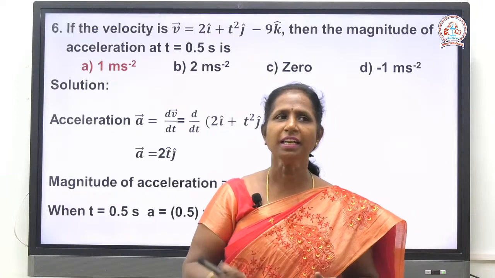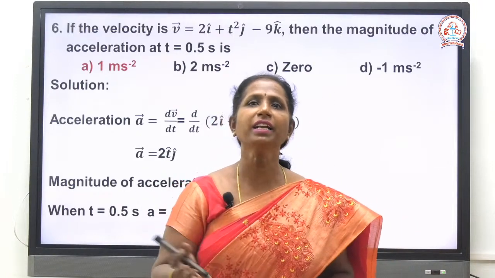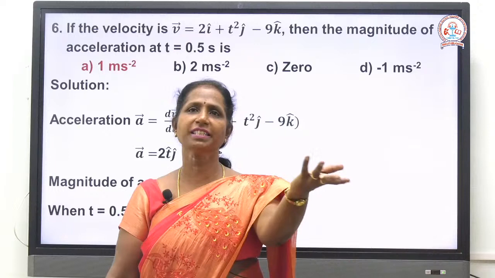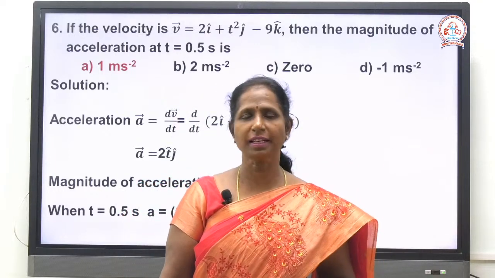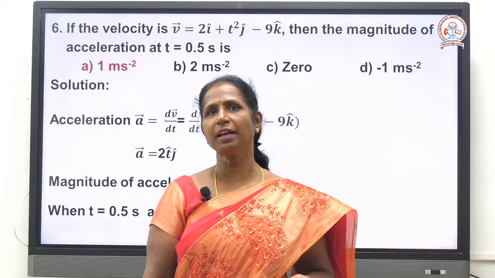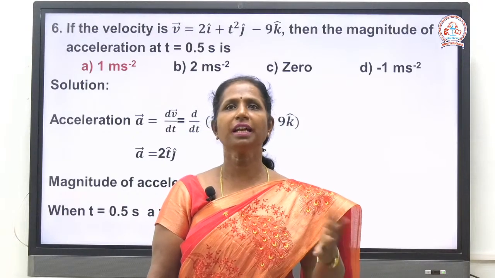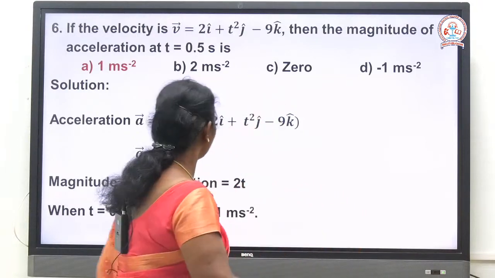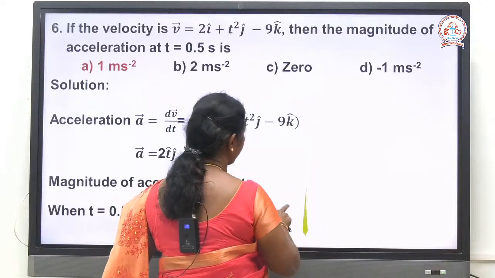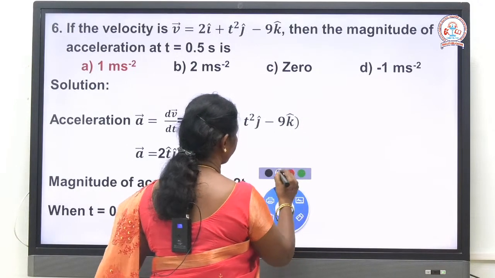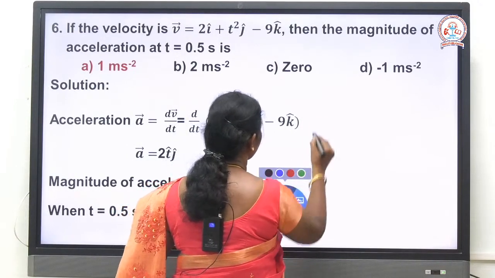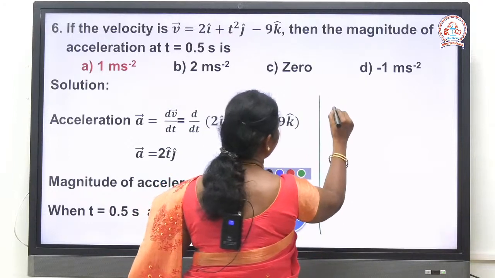Velocity is given, now we have to calculate acceleration. How do you calculate acceleration from velocity? Acceleration a equals dv by dt.